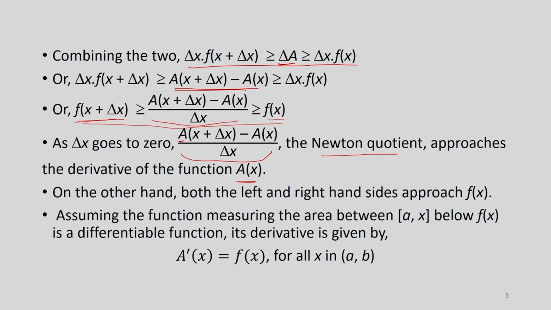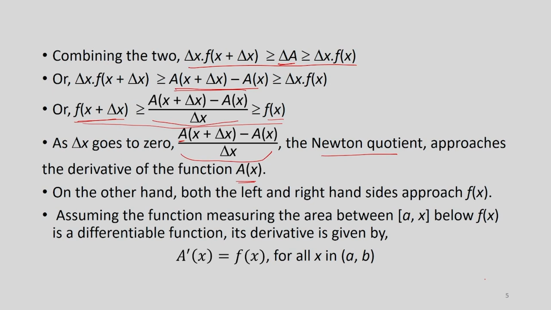So, in a sense, both the first term and the third term approach f of x, whereas the middle term approaches A prime of x. That is what is happening to the three terms. The first term and the third term approach the same value, which is f(x).